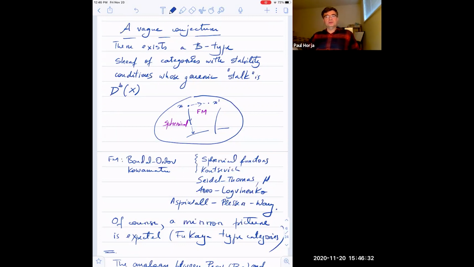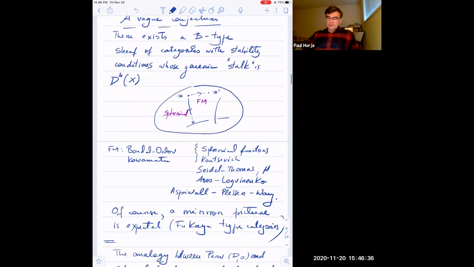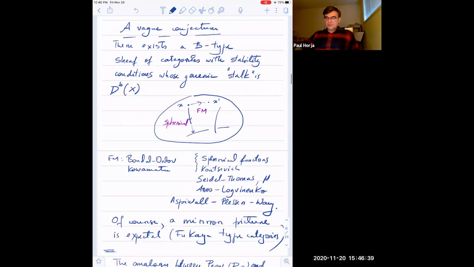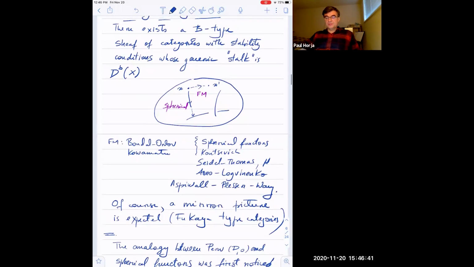Even some of them are not called Schobers, but they don't use that word. The expectation is that there exists a B-type sheaf of categories with stability conditions, where the generic stalk is, I'm interested here mainly in the derived category of coherent sheaves, but of course this is mirror symmetry.